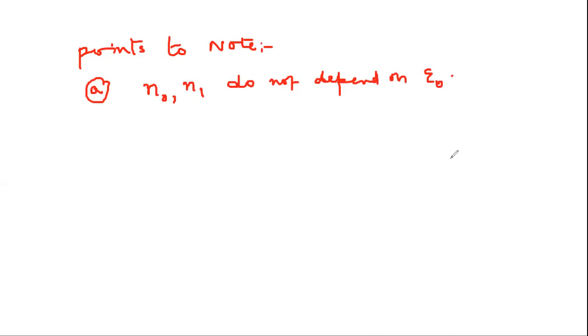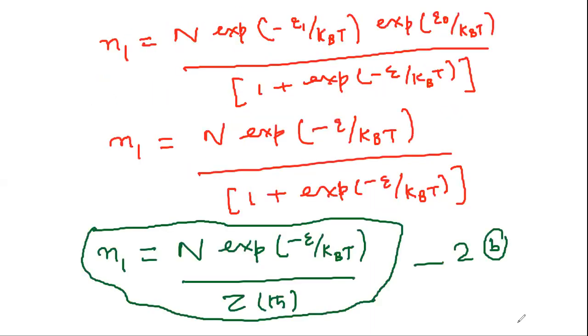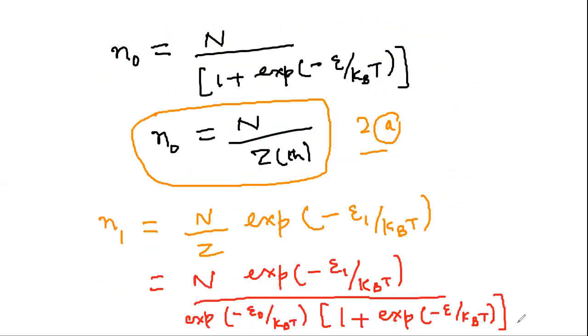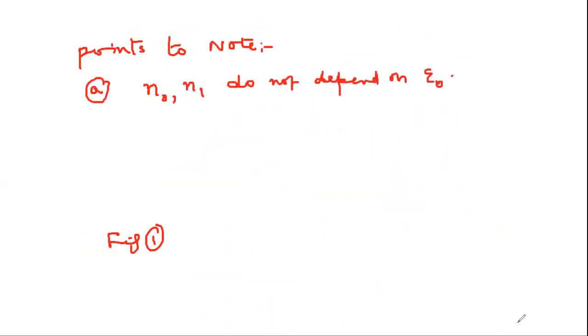There is no Z naught in the expressions for N naught and N1, which are equations 2a and 2b. So both the occupation numbers are independent of the ground state energy. This is the first thing.